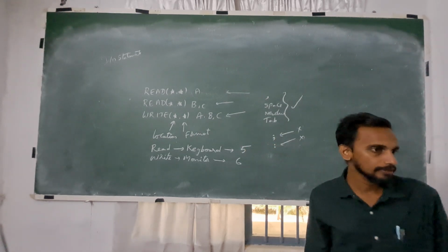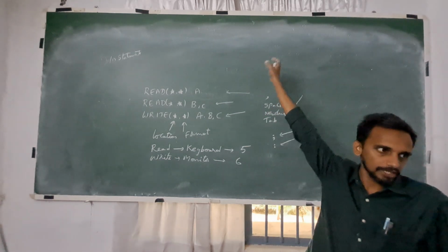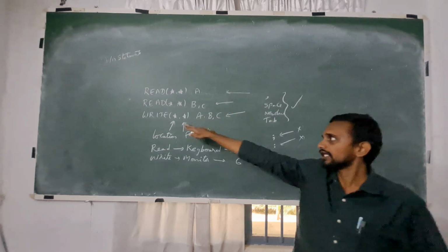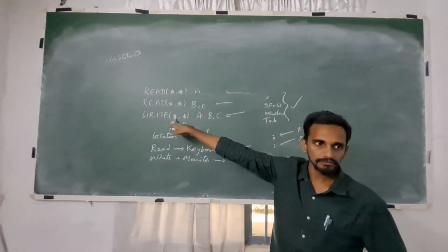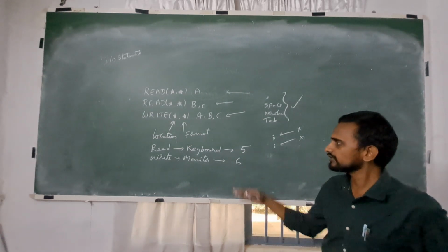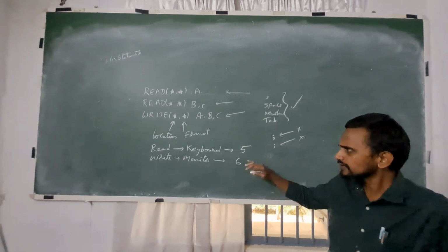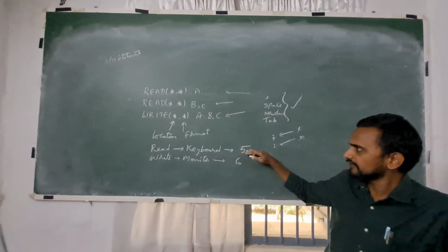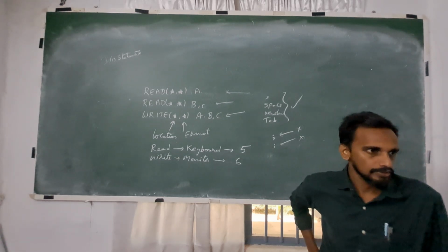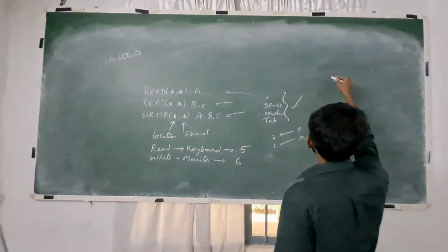Like if you want to write into a file, you have to assign some number to that file and write that particular number here. We will see that whenever we go through file operations. So now 5 is reserved for keyboard and 6 is reserved for monitor. Just try that once using this 5 and 6.